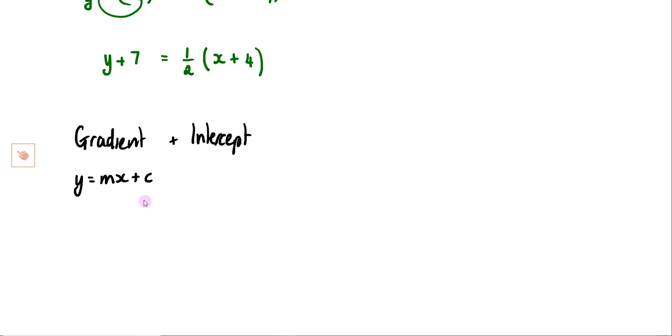So we're back to 1 and 3 and m equals 2. Now we've got two methods for this. So you know that m is 2. So we start with y equals 2x plus c. Happy with that start?